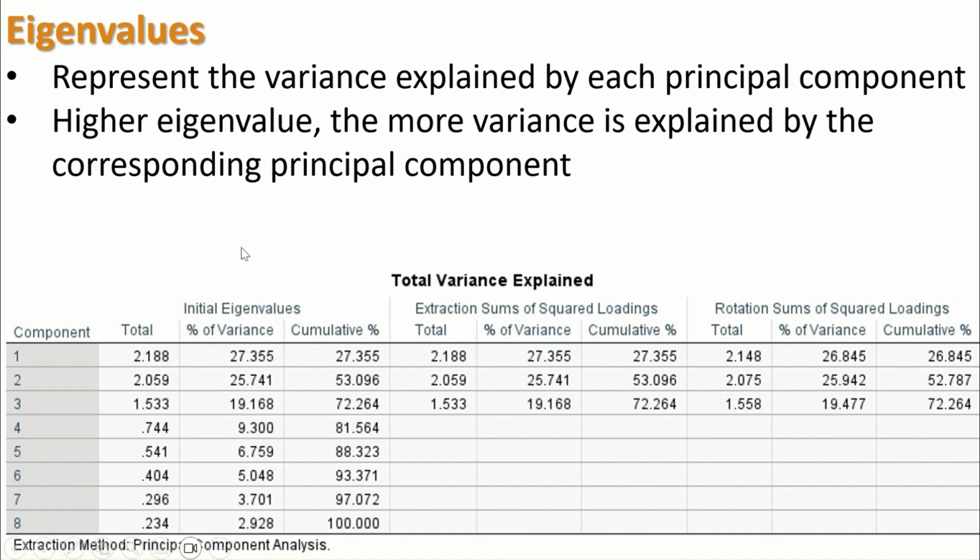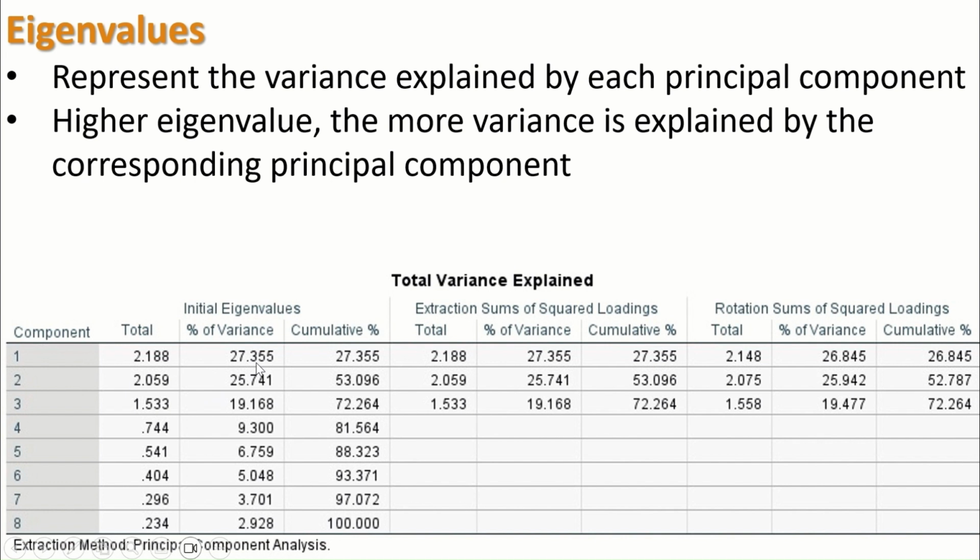Here is a table extracted from a PCA analysis, showing the total variance explained. There are 8 items, and as shown in the section here, extraction method principal component analysis, those items have been grouped into 3 major components: component 1, 2, and 3.